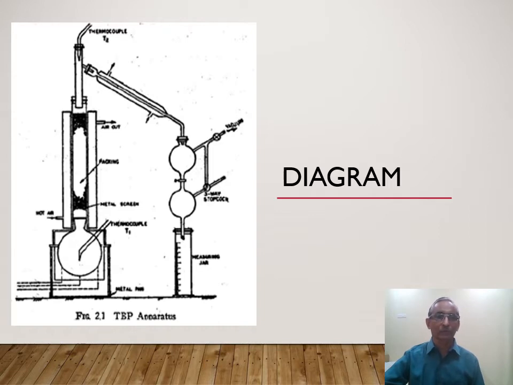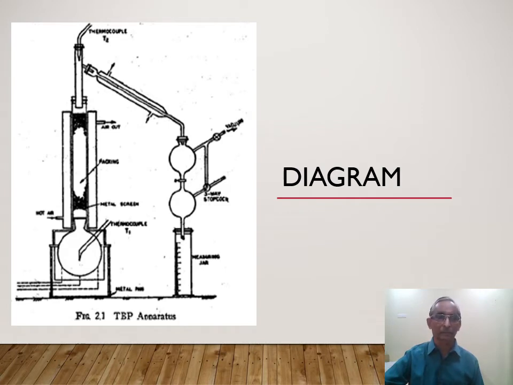Whatever vapors are going to come from this column, if you have a 10 liter flask, generally you consider 50% of the crude oil sample. That sample you are going to heat, and the vapors are going to travel in the upward direction through this packed bed column.